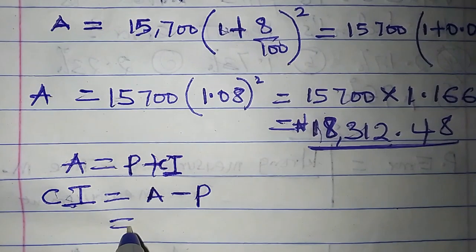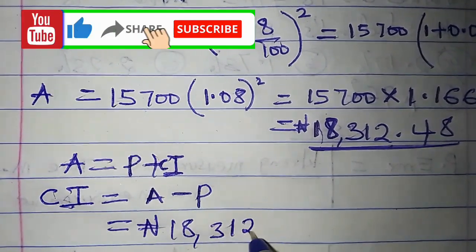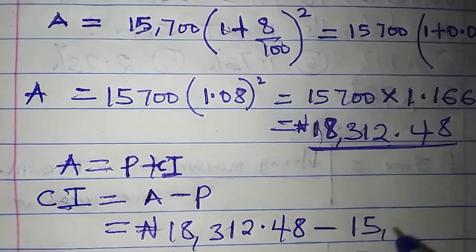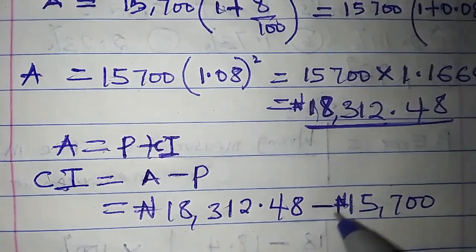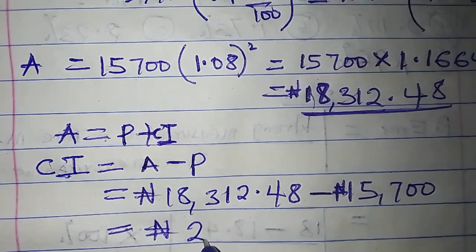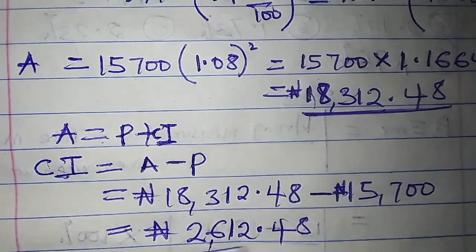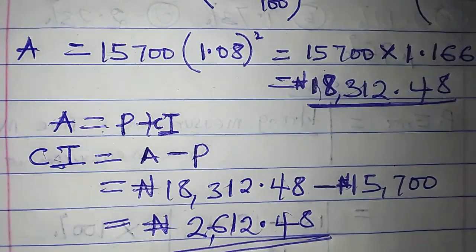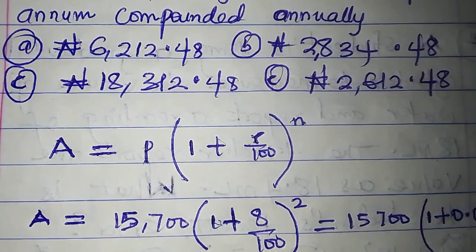The amount is 18,312.48 minus the principal, 15,700. So what is this difference equal to? 2,612.48. This is the compound interest after 2 years. And this option we can see in option C.